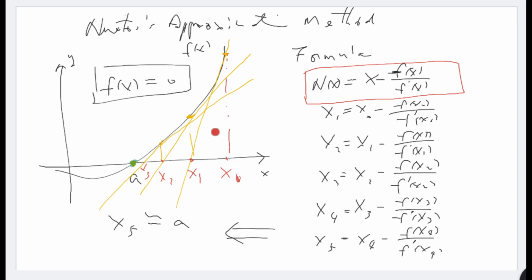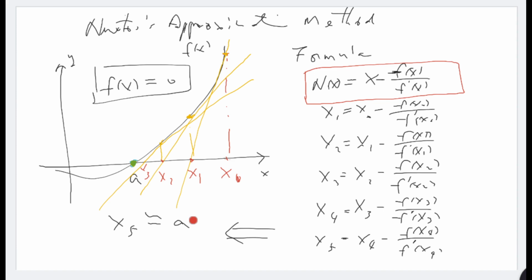As we can see from the illustration here, numbers generated in this order will be approaching the actual zero of the function or solution of the equation. So you do this no more than 5 times. The value you obtained will be very close to the actual value.